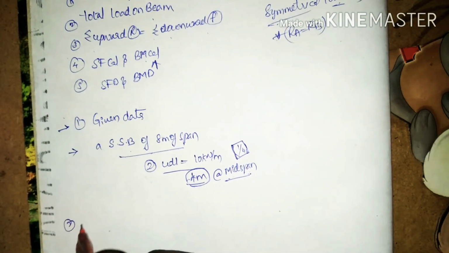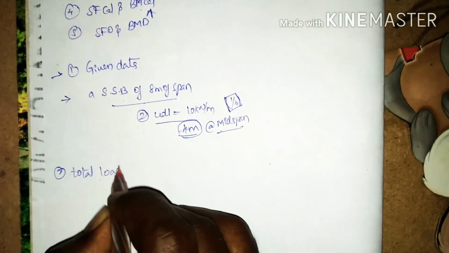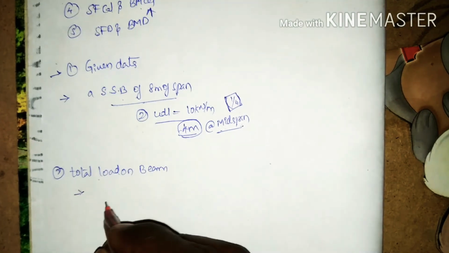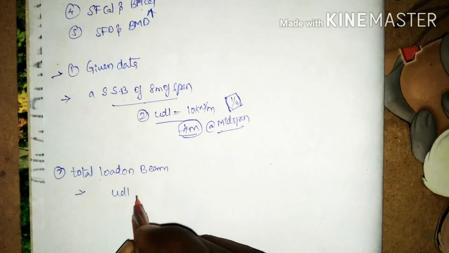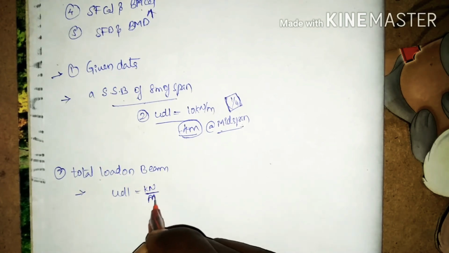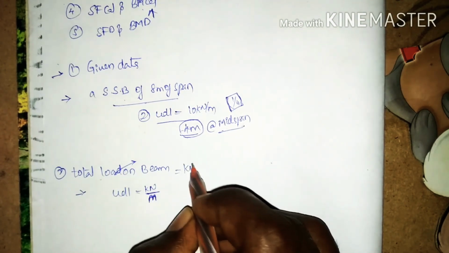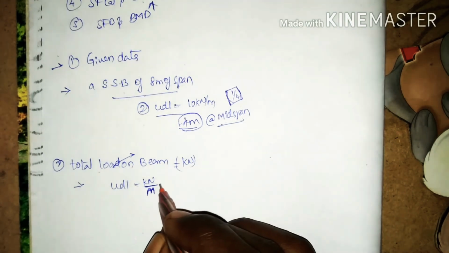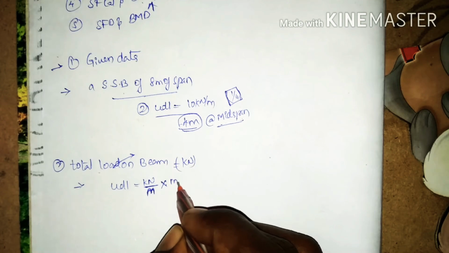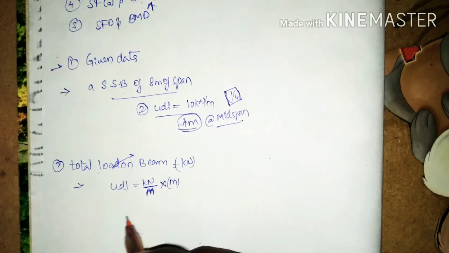Number 2, total load on beam. In this question, we are having only the UDL load, that is in kilonewton per meter. Here, the load should always be in kilonewtons, so I am going to multiply the UDL by the length over which it is acting.